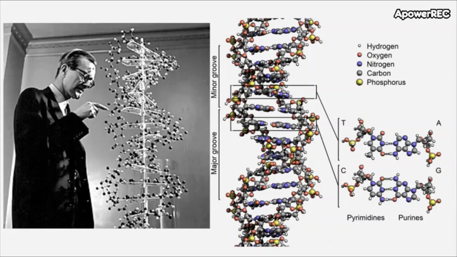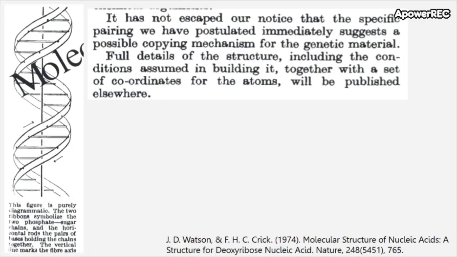You might wonder, all right, we have the structure. How do we get from the structure and derive the concept that DNA is where our genetic information is stored? And I pulled up the original paper that was published in 1974, and it's entitled Molecular Structure of Nucleic Acids, a Structure for Deoxyribose Nucleic Acid.